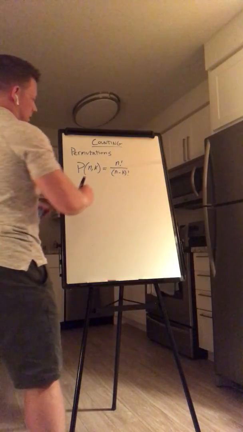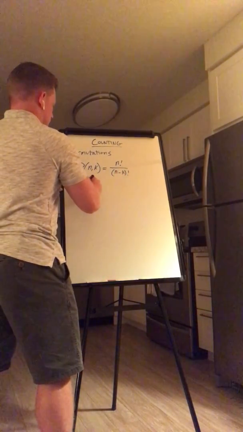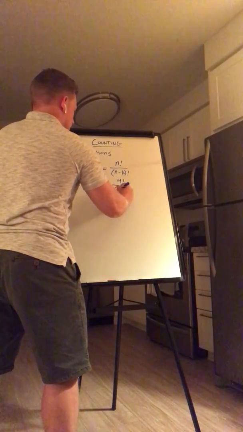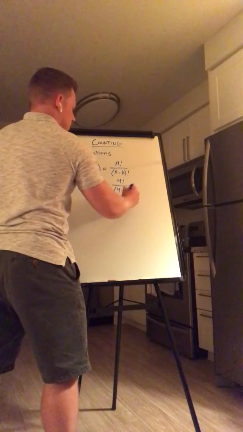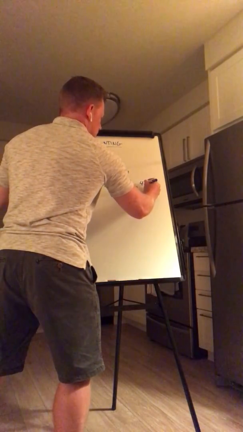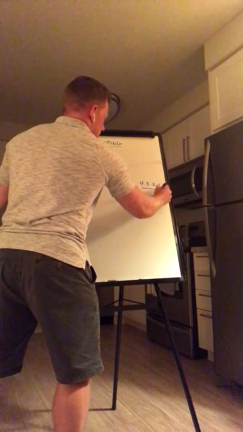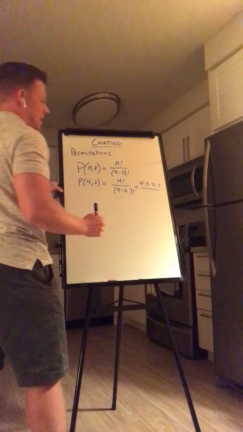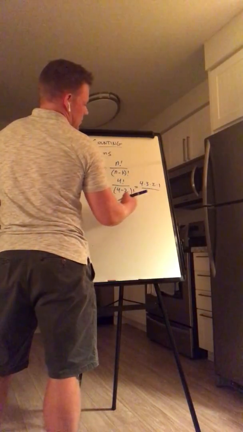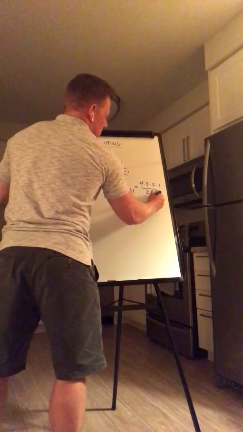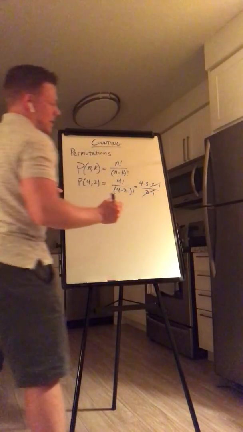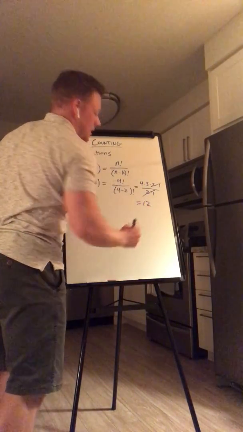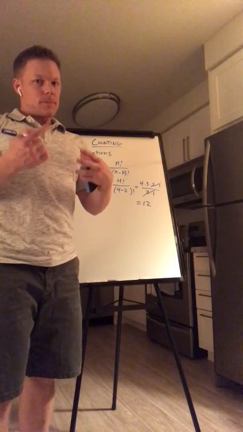So in our example, when we just plug in the numbers, in our example of P(4,2), that's equal to 4 factorial divided by 4 minus 2 factorial, which is equal to what? 4 times 3 times 2 times 1 divided by, sorry, that should go outside like that. 4 minus 2 is 2. 2 factorial is 2 times 1. Boom, it cancels out. We're left with 4 times 3, which is equal to 12 ways of picking out 2 magnets where the order matters.